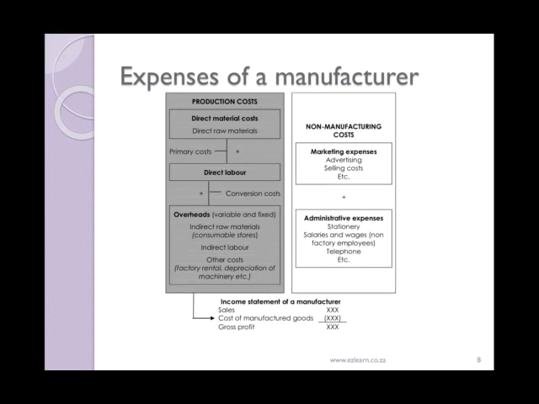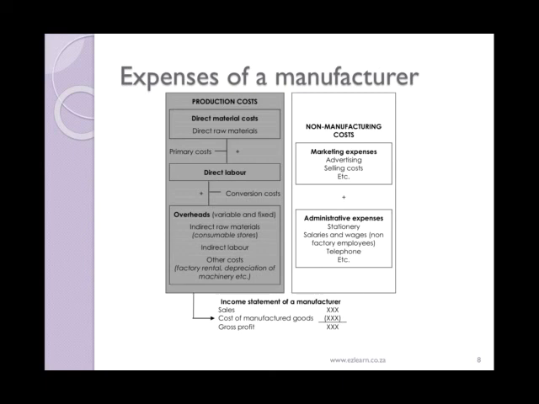Here you can see examples of non-manufacturing costs. You will have your marketing costs, such as advertising, selling expenses, etc., as well as your administrative costs, such as stationery, salaries and wages, telephone, and so on. Note here that the salaries and wages referred to are those salaries and wages of non-factory employees. In other words, the salespeople in the shop, the secretary or the bookkeeper who are working in the office.